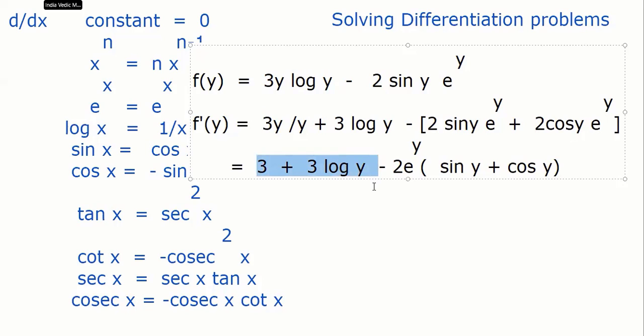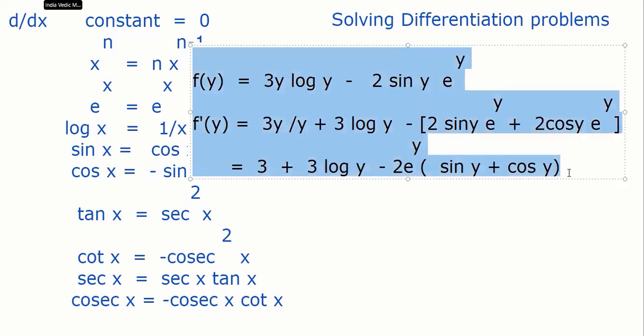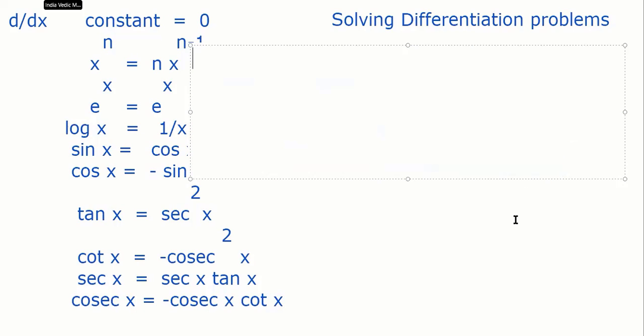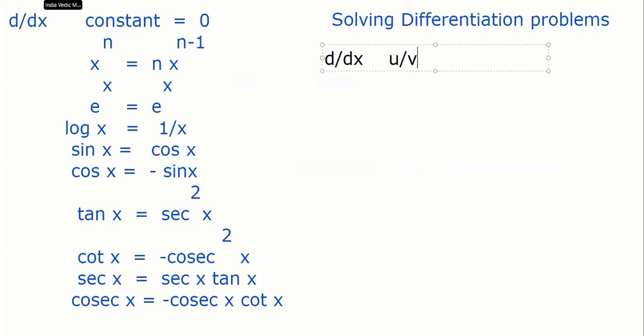So that is clear. Now we are going to write the rule for division or quotient, you can say. For example, again two functions, suppose we have to do d by dx of u by v. Two functions are there, u and v, and I have to do d by dx of u by v.